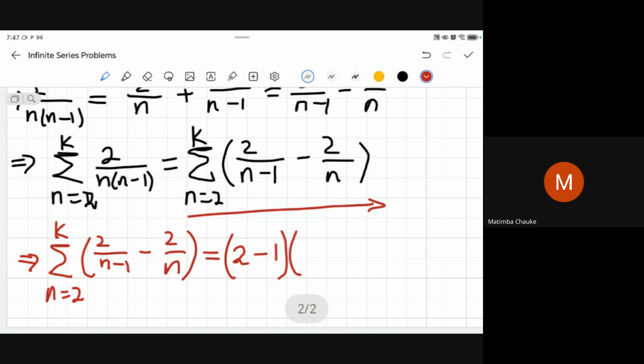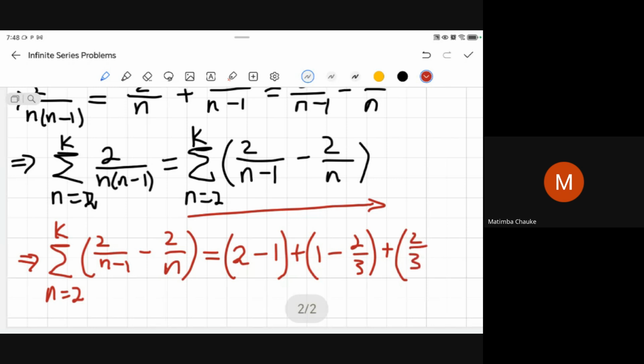Then if I plug the 3, I get 2 over 2, which is 1, minus, I must keep plus here, I get 1, minus if I plug 3, it's 2 over 3, plus if I plug the 4, 4 minus 1, I get 2 over 3.